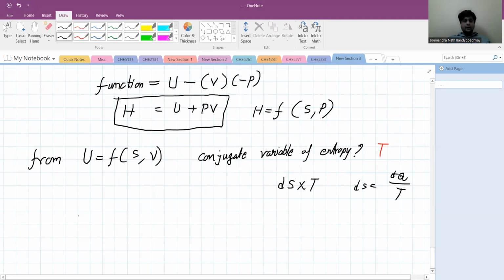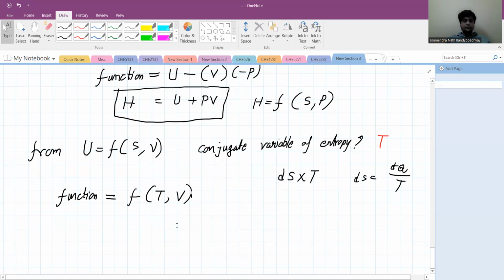So now you want a function. The new function will be a function of natural variables T and V. How can you construct that? Take the original function minus, you want to get rid of your variable S, and you want to replace it with its conjugate variable temperature.